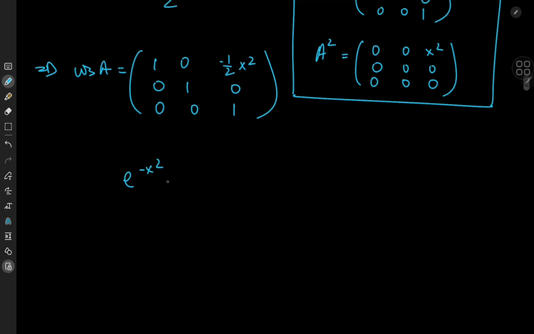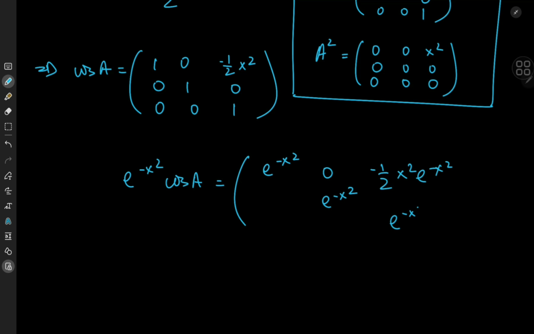So that just amounts to the scalar multiplication of a matrix. And that means we have to multiply all the entries by e to the negative x squared. So we have e to the negative x squared here, 0, -1/2 x squared times e to the negative x squared. And we have, again, these Gaussian terms along the diagonal and zeros everywhere else.